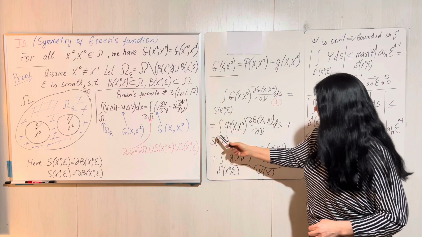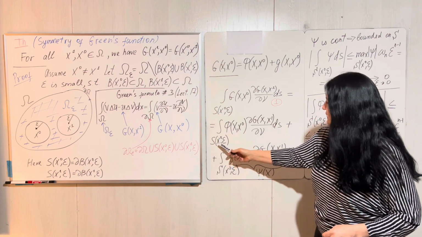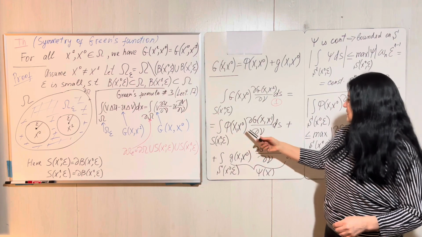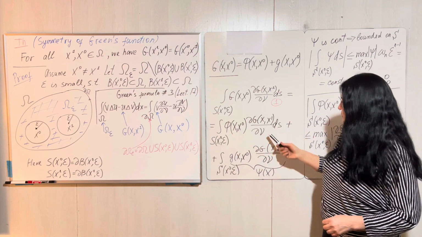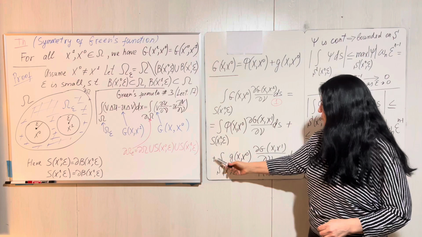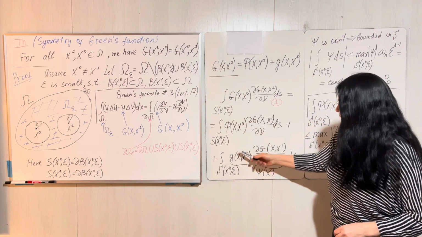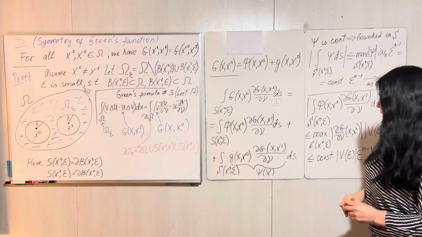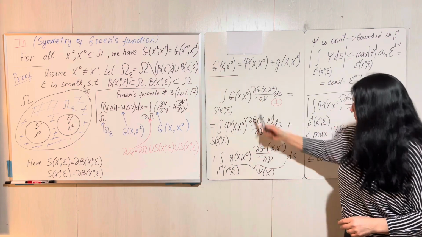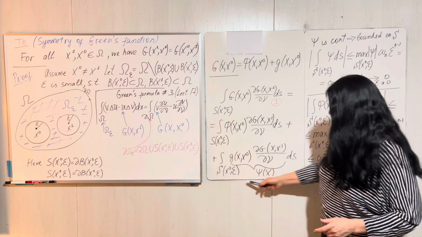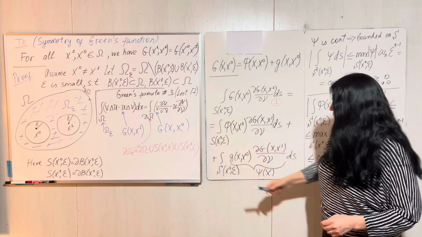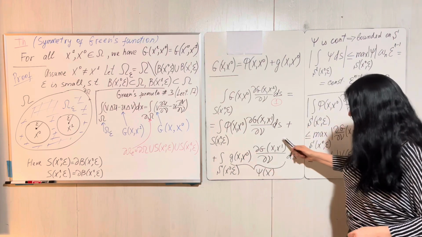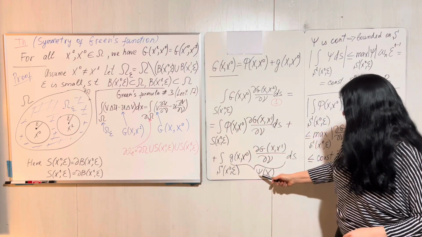We will have the integral over this sphere centered at x0 of phi(x, x0) times dg(x, x1)/d nu, plus the integral over the same sphere of function little g. We want to show that everything goes to 0. Let's start with the second integral. This function is too long, so I gave it a name, capital Psi.